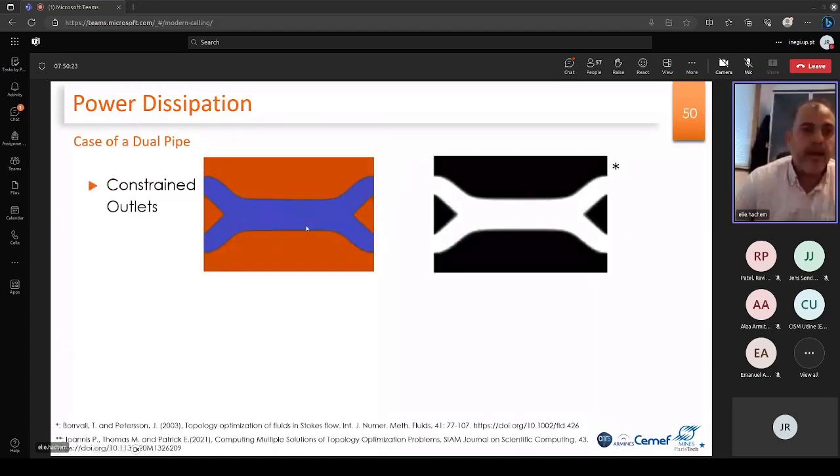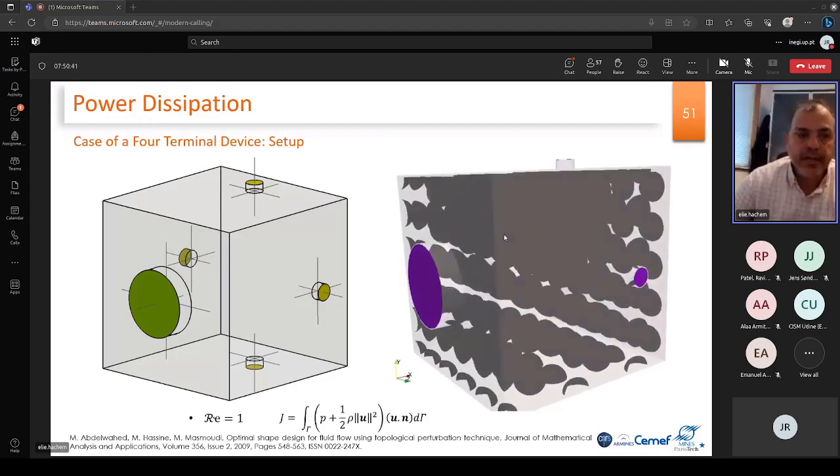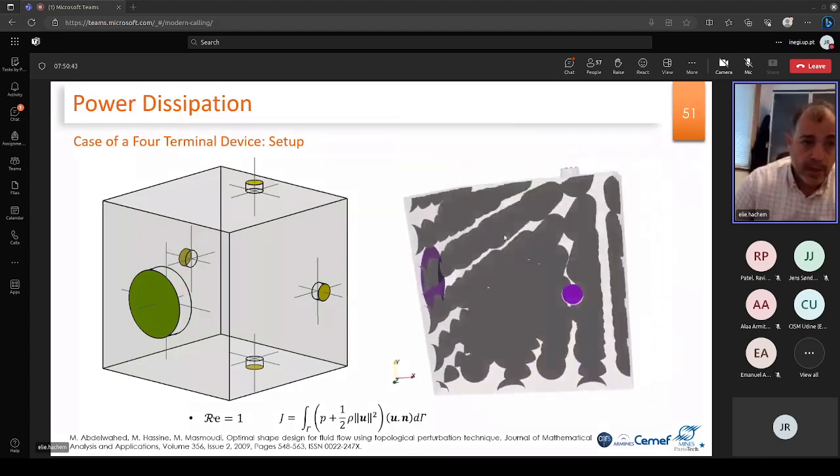So you can compare them; this is a real comparison with other people doing the same thing with different approaches. We can see how the constrained outlet looks, and how the free outlet looks.